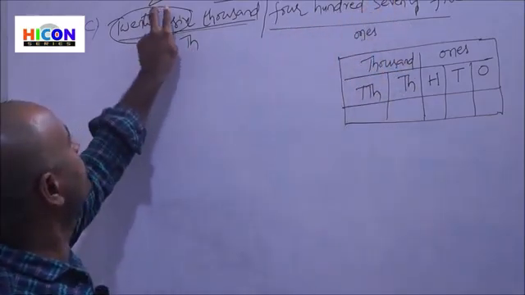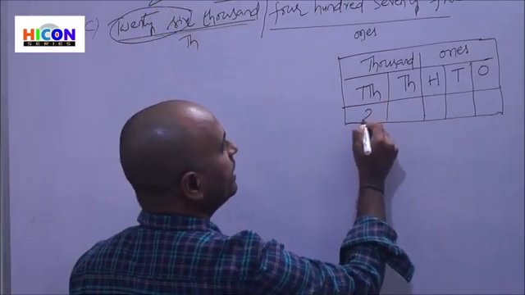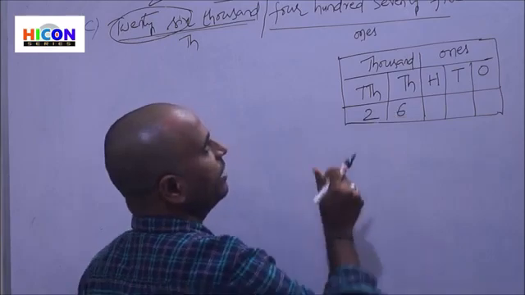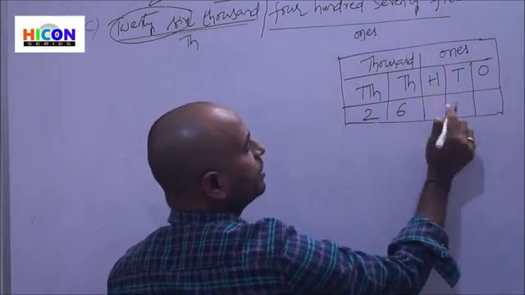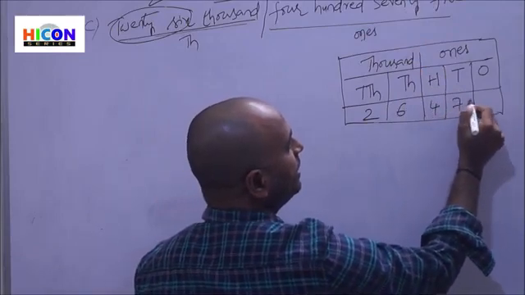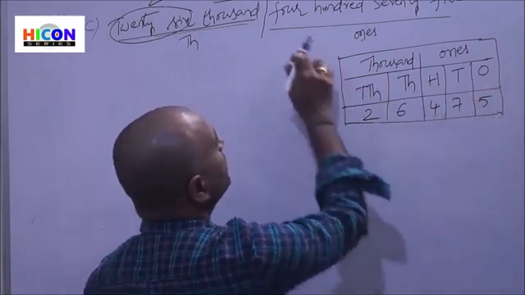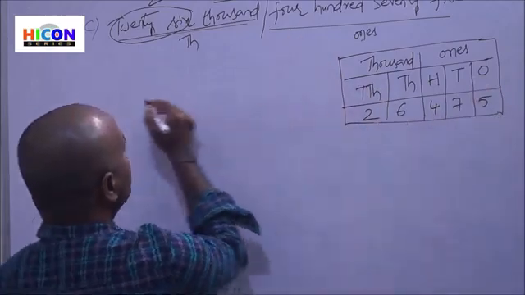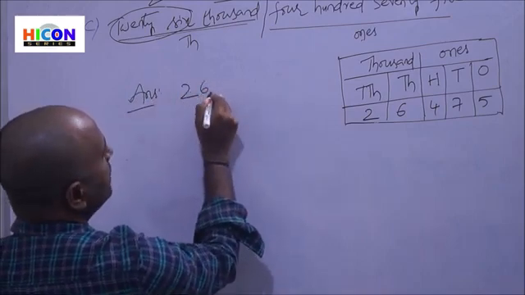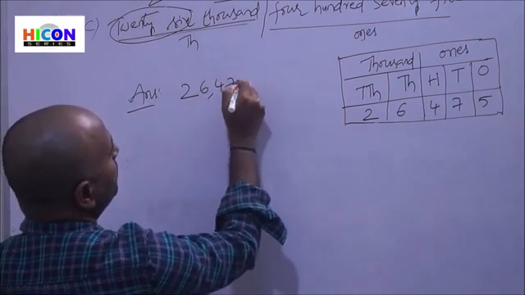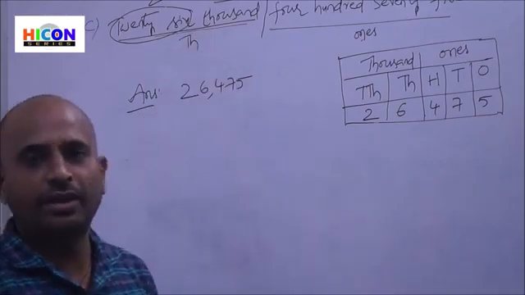Insert this 26 in the thousands period, and insert this 475 in the ones period. Now this is the answer for the given number name. The answer is 26,475. So this is the number for the given number name.